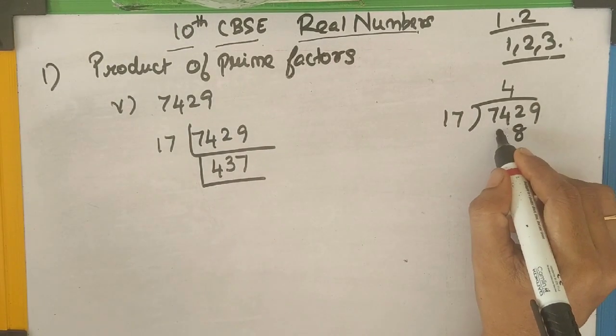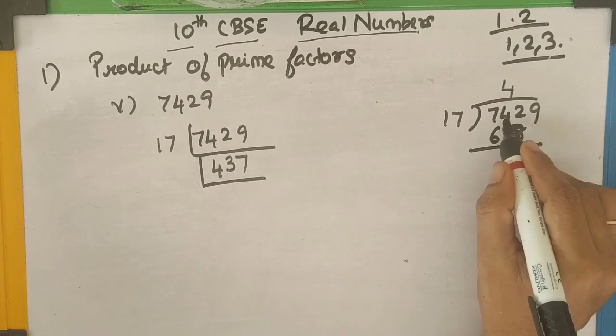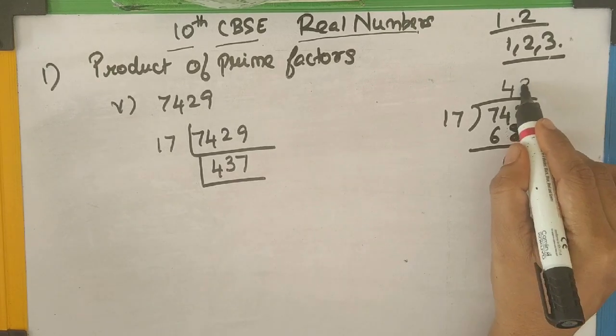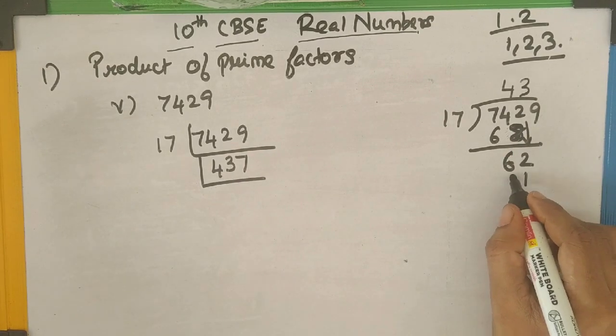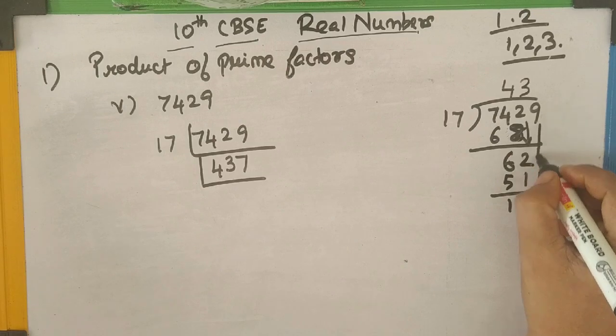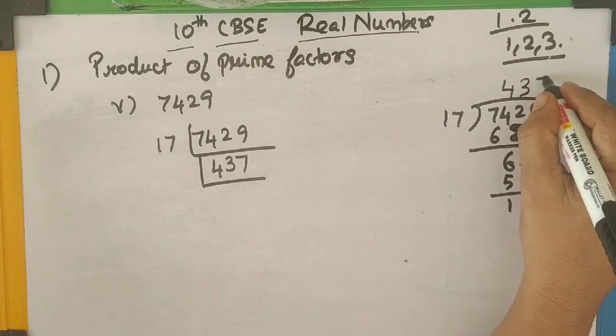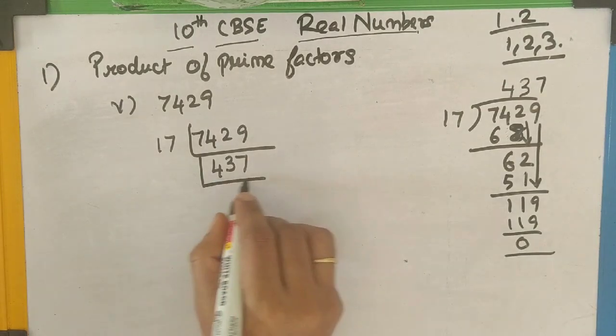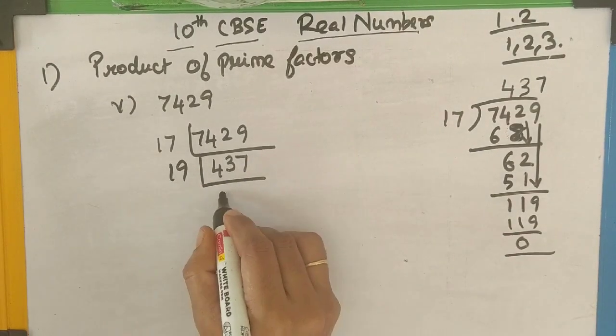I am writing 4 in the quotient area and 4 into 17 is 68. So subtracting 68 from 74 I get 6 and I bring 2 down. Now 3 into 17 is 51. On subtracting this I get 11. Now I am bringing 9 down. So 7 into 17 is 119 and the remainder is 0.